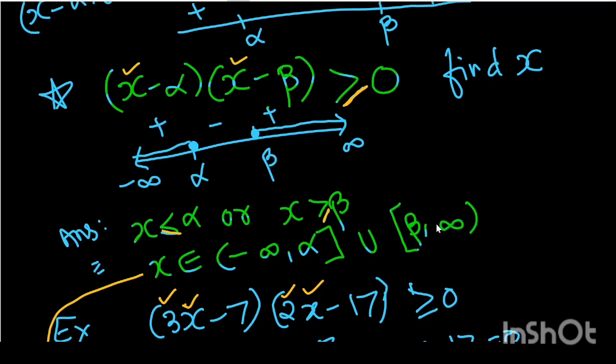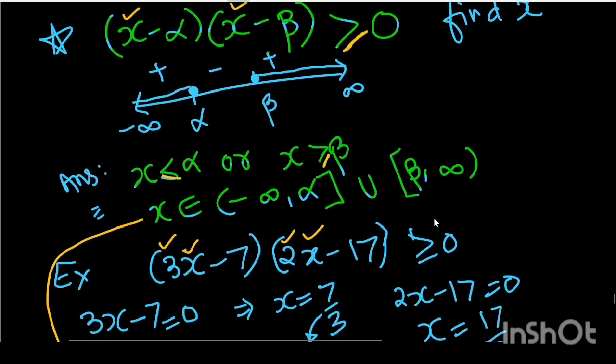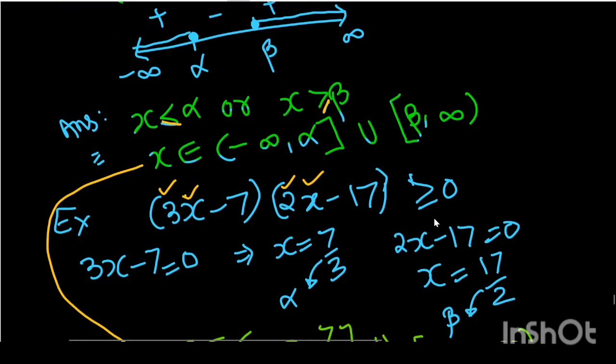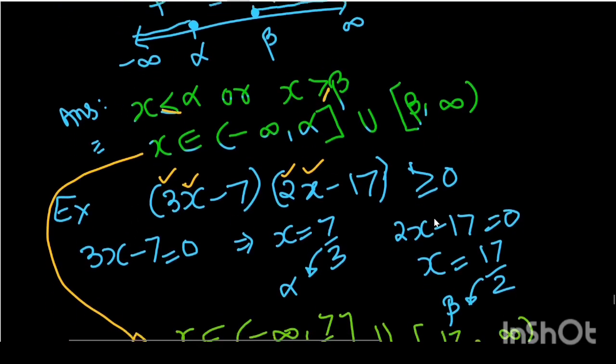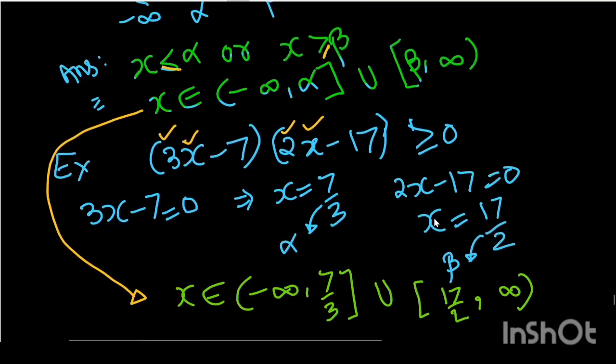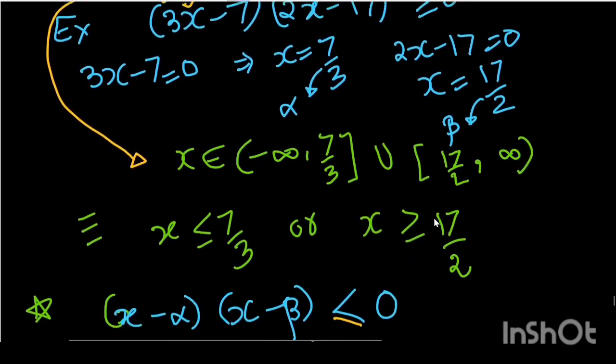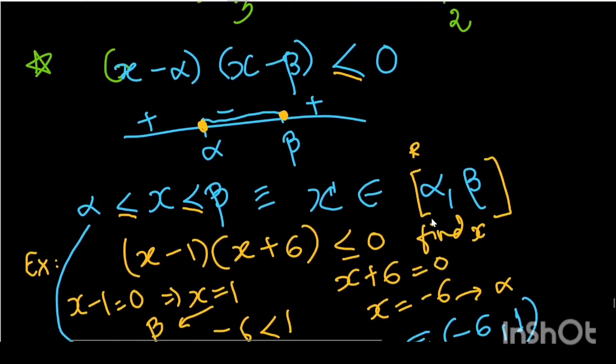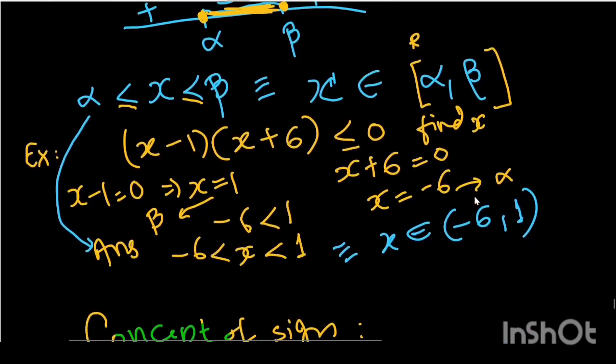So that way we did this. Now this was method 1, okay. And in the similar way, for less than or equal to 0, we took this interval from alpha to beta, which we wrote as x greater than or equal to alpha and less than or equal to beta, or x belongs to the closed interval alpha comma beta, okay. So we did one example followed by that.